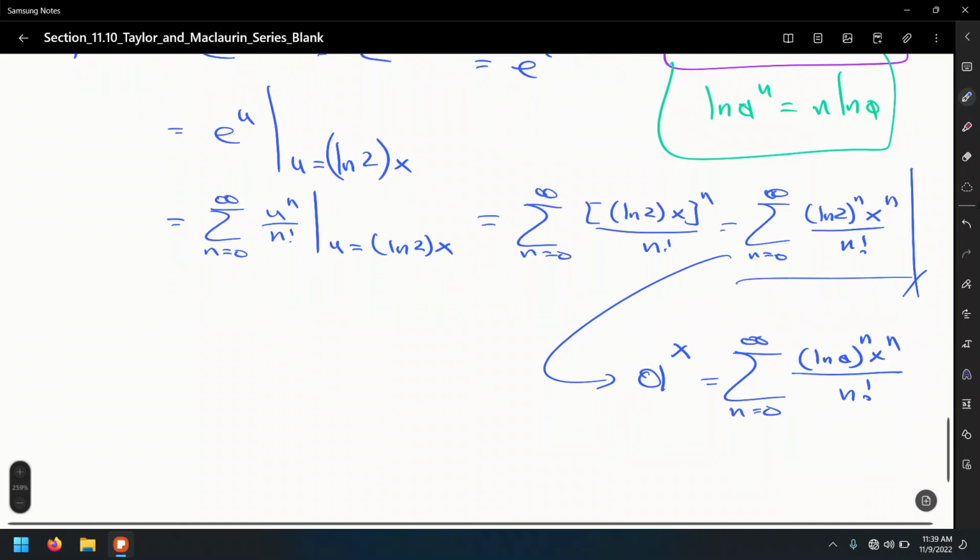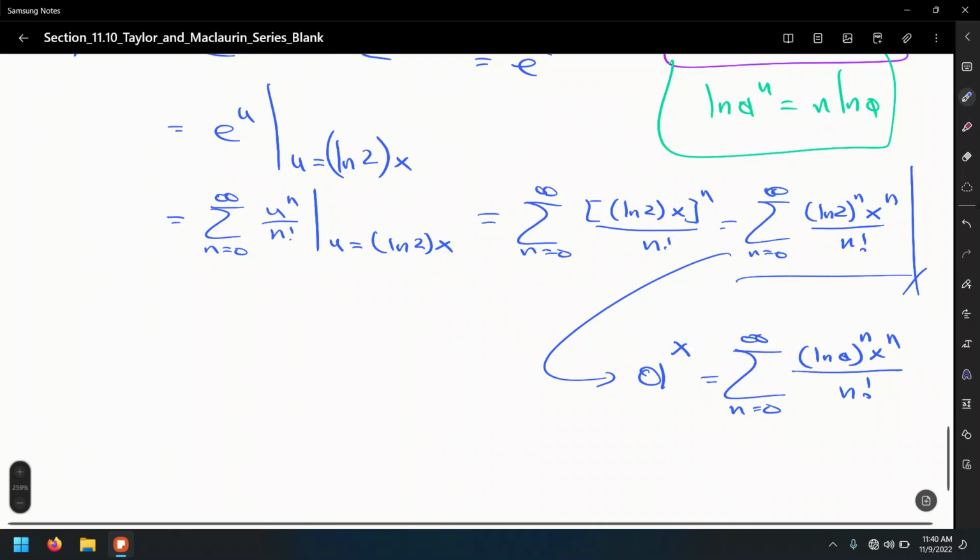Now, if you think of the exponential function base e, you would do ln of e. But what's ln of e? 1 to the n? That's just going to leave us with x to the n over n factorial back again, right? But in this case, you have a general form for an exponential function with a base other than e.